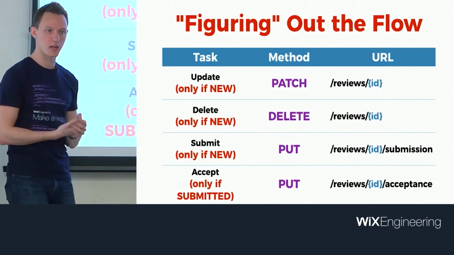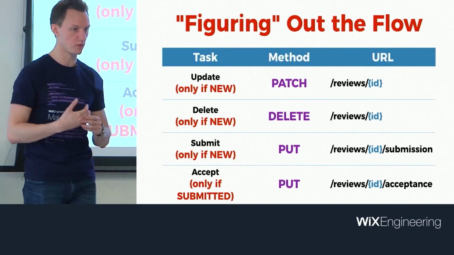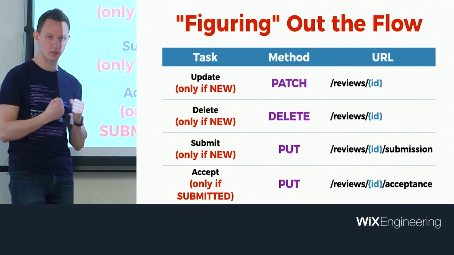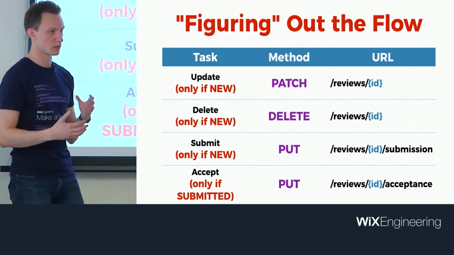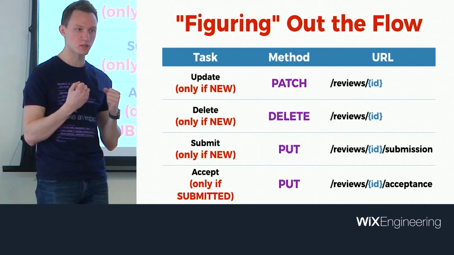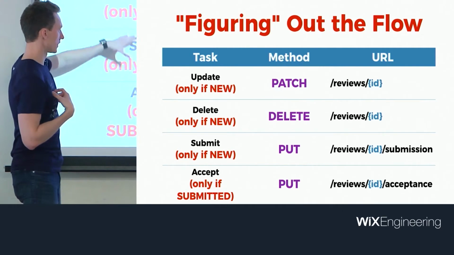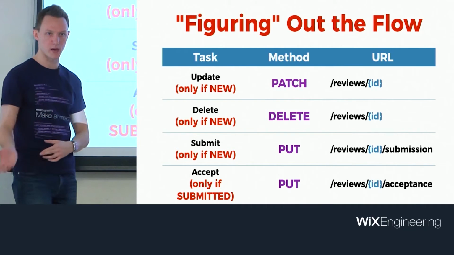If it's in any other state, I shouldn't be enabling the submit button in the first place. If my review is in the submission state, I should be able only to accept it or to read it, but not take any other action with it, right? But now the client still has to know these details. So I have to know, okay, if the status is this, I'm enabling this. If the status is that, I'm enabling that.